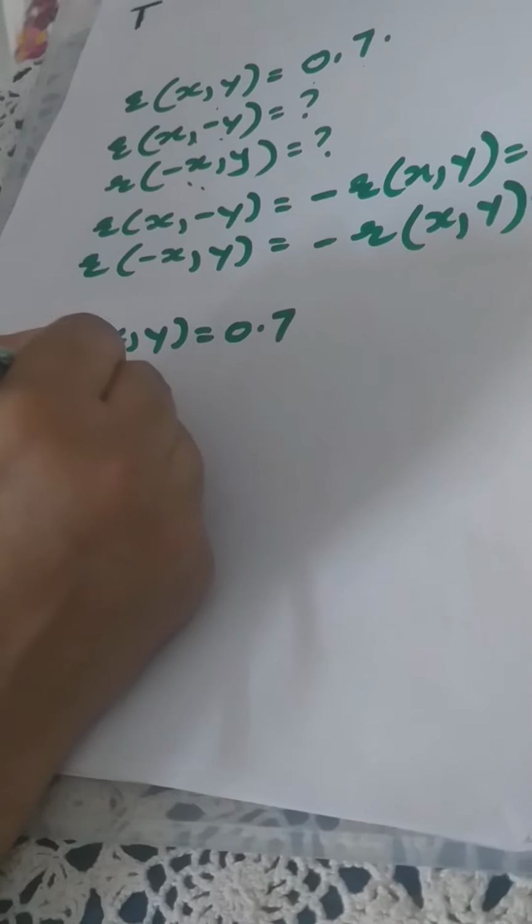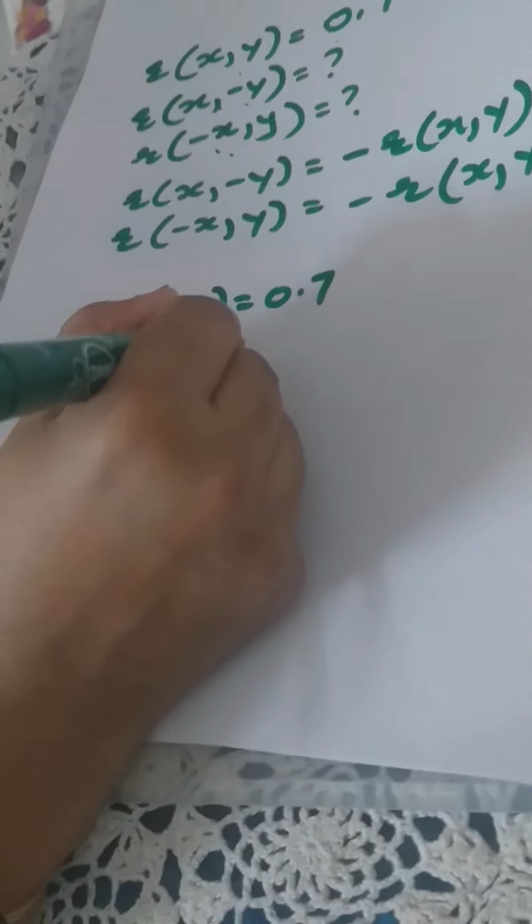Now the same question can be asked in another way. How is it asked? They give you that r x y is equal to 0.7 and they say that I am changing the variables, that is I am doing the change of scale.